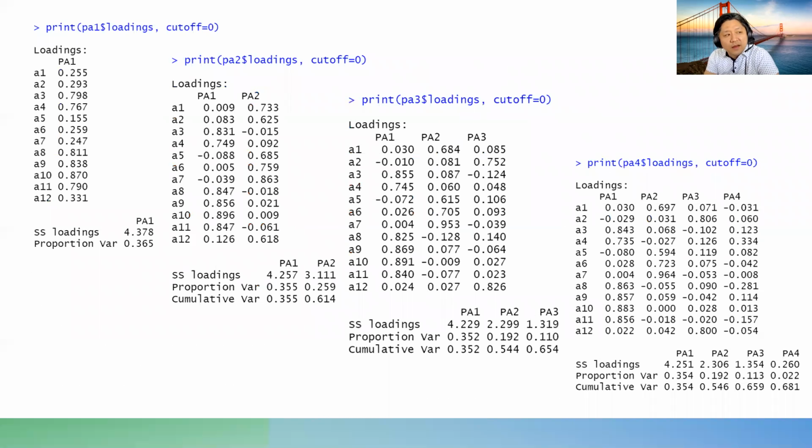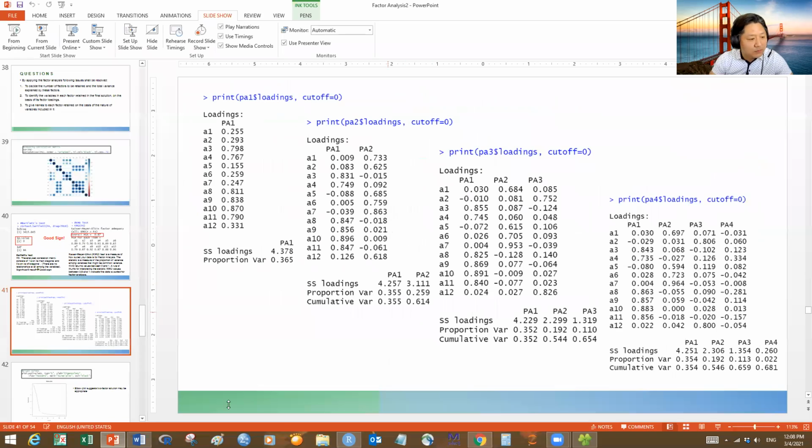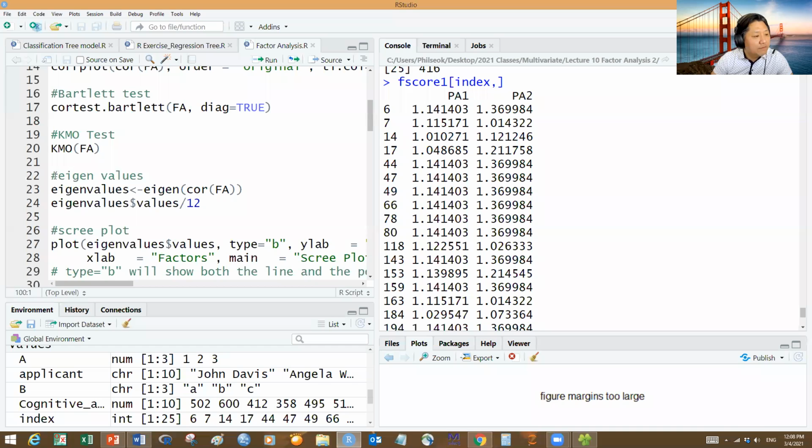Then we ran a 1-factor, 2-factor, 3-factor, and 4-factor solution. Before we evaluate these 4 solutions, I ran the eigenvalues first.